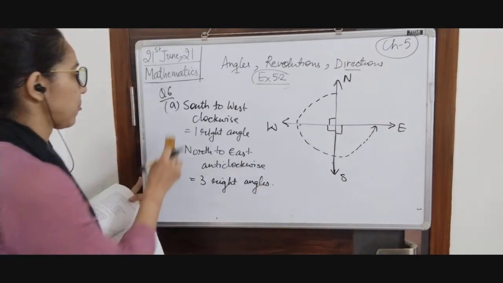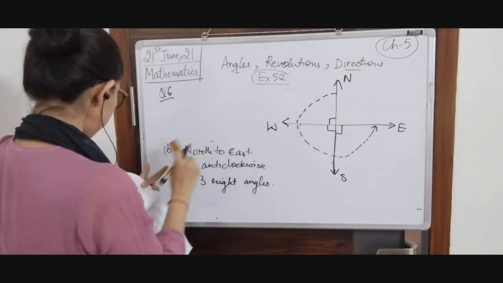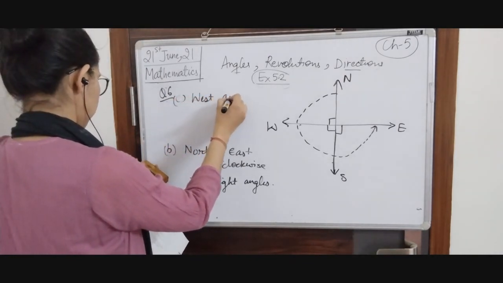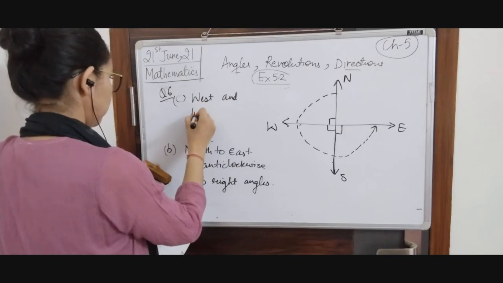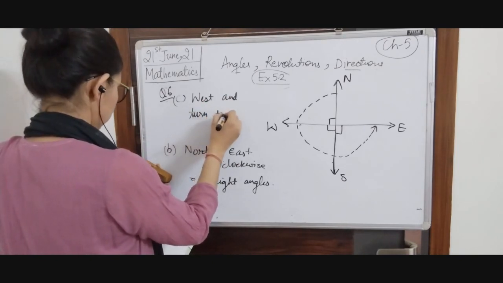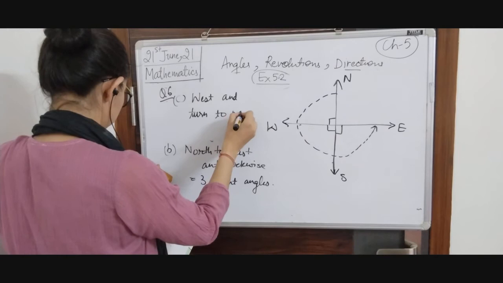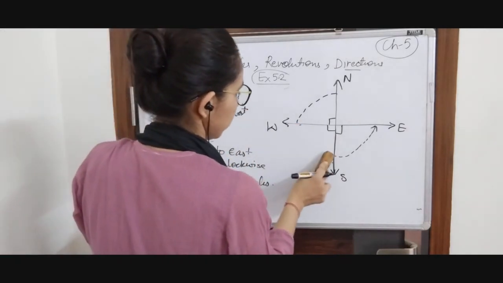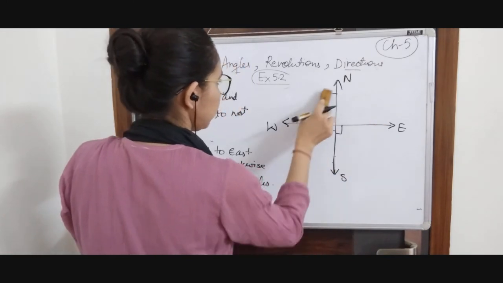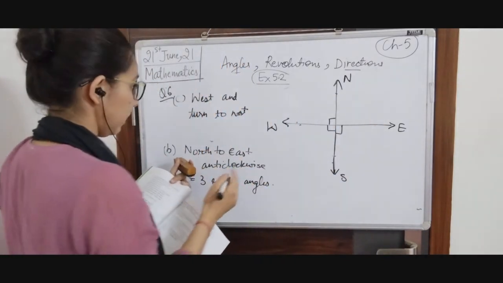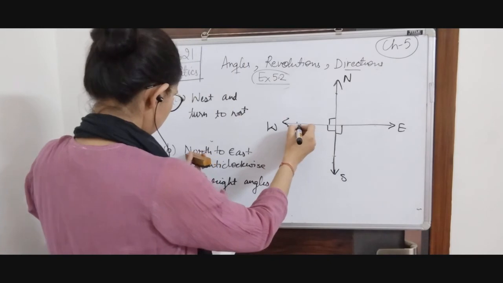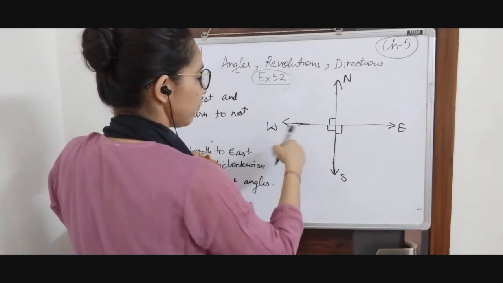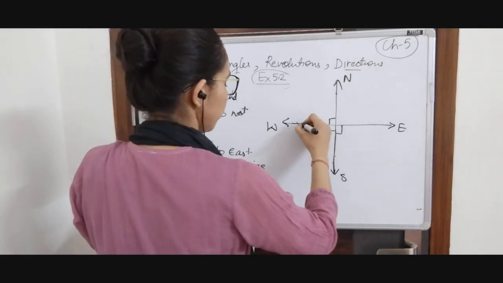C is west to west. He is starting from west and turning to west again. The direction is not mentioned, so we can use any direction, clockwise or anti-clockwise.